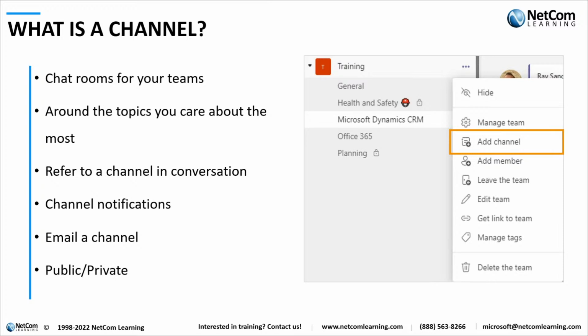A channel can also be public or private. I told you the meaning of a public channel is everyone who is a member of this team can access it. Remember, no one else can access anything, unless the team is also created as a private one.